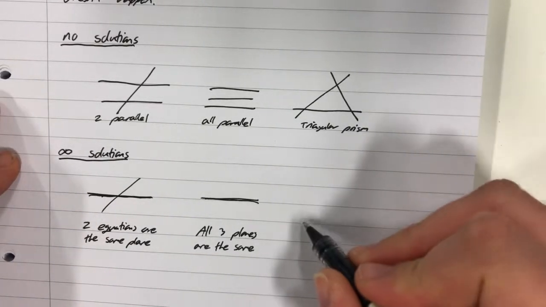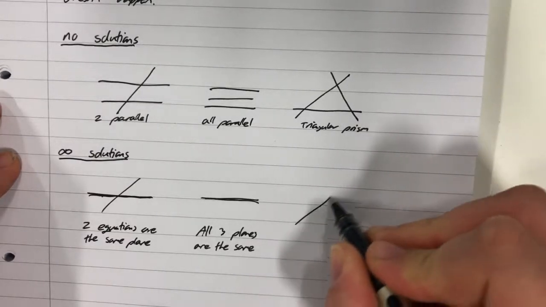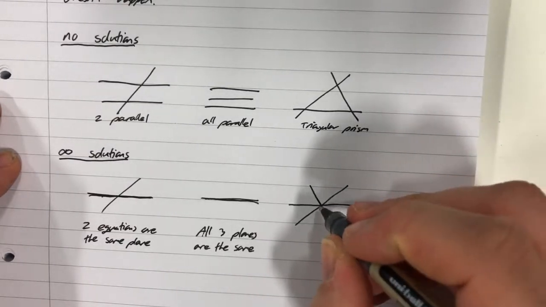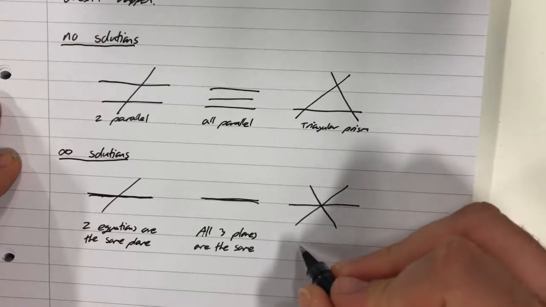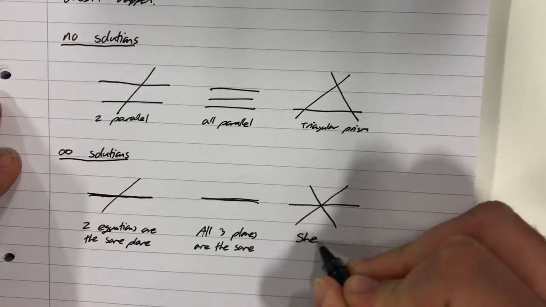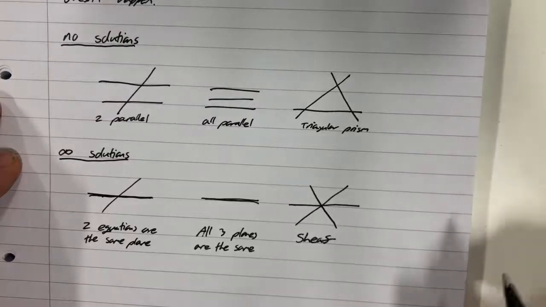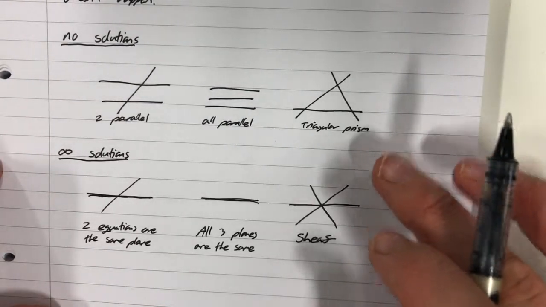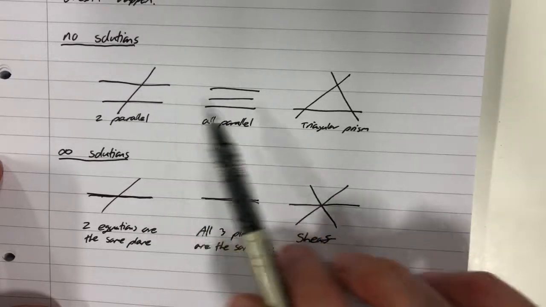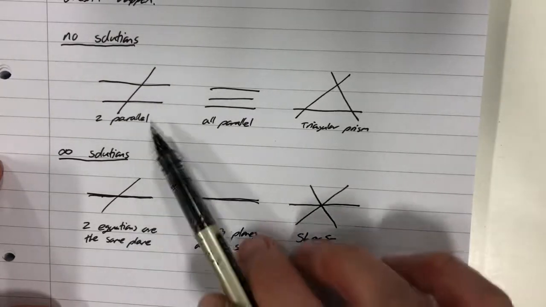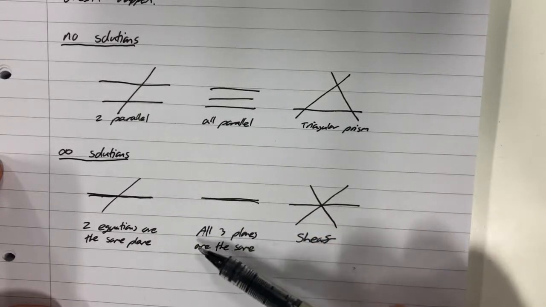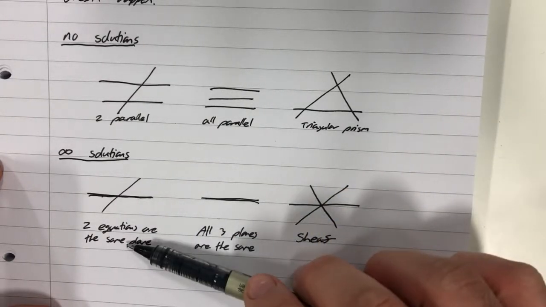But the other situation, which is interesting, is similar to the triangular prism, but it just so happens that all 3 planes meet along a single line, and this configuration is called a sheaf. Okay, so we consider sheafs. These 4 are actually fairly trivial because it's really easy to tell if these are the case because you can look at the coefficients of x, y, and z.